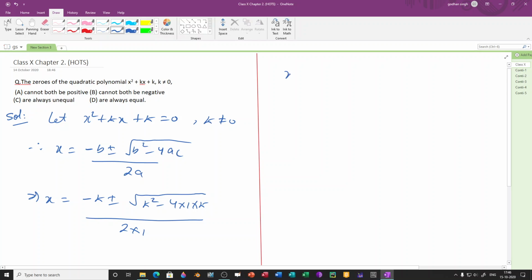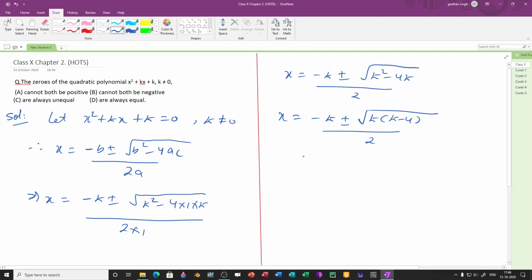So this will give us x equal to minus k plus minus square root of k square minus 4k over 2. So x equal to minus k plus minus square root of k into k minus 4 over 2.